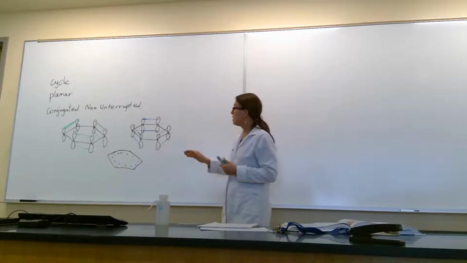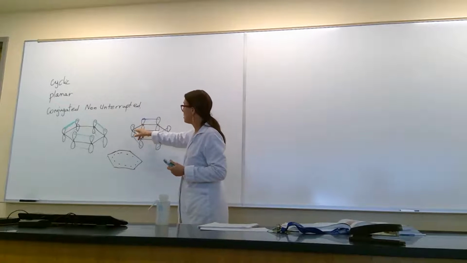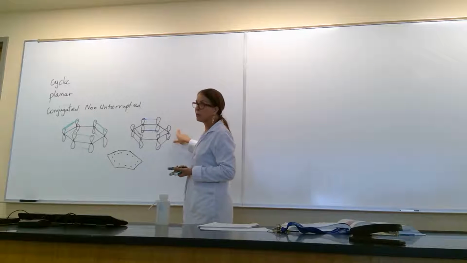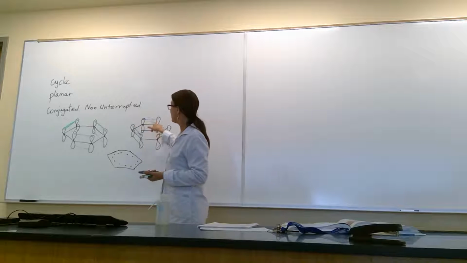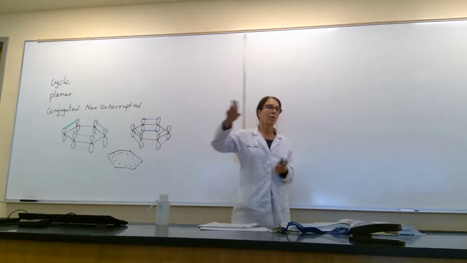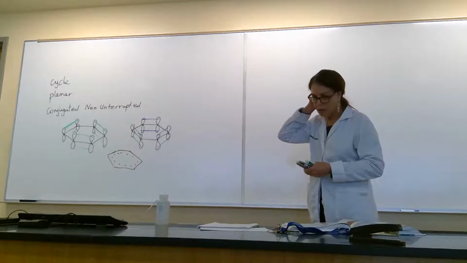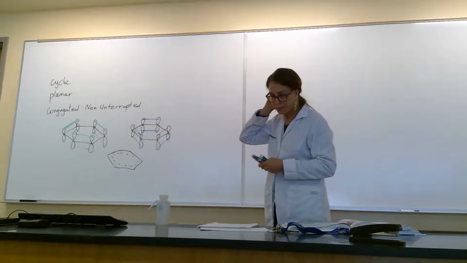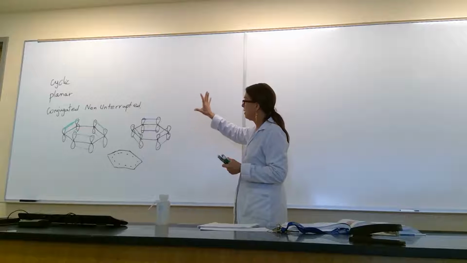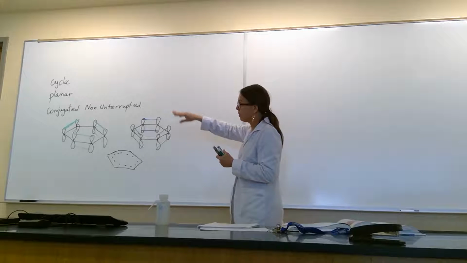And you see that since every single one of them is sp2, it's planar. So it's trigonal planar. It is cyclic, and it's conjugated non-interrupted, meaning the electrons don't stop. These are called aromatic, meaning they have these 3 conditions.